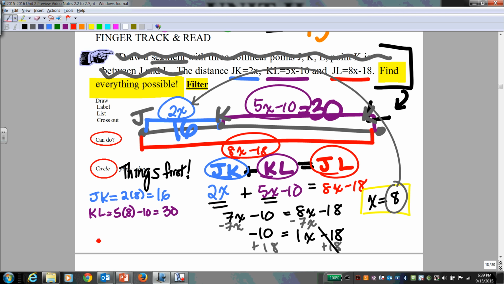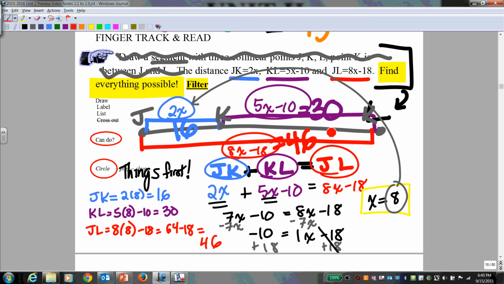And now let's do J to L. And when you figure that out, that's going to be 46.